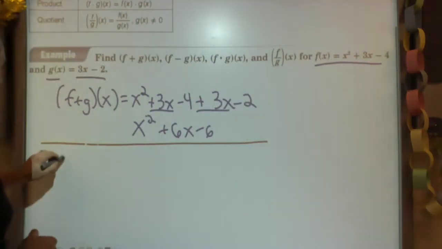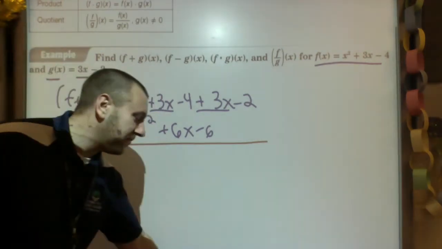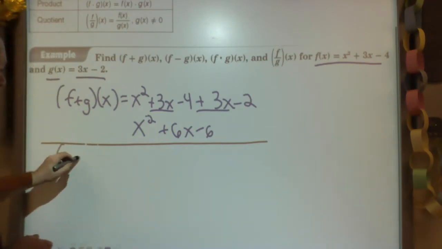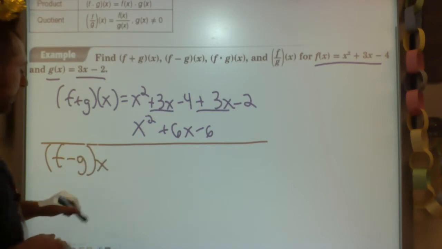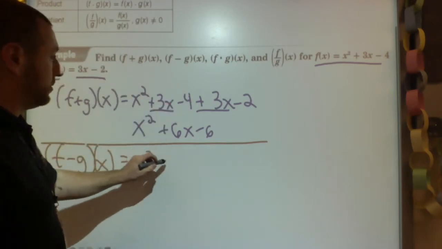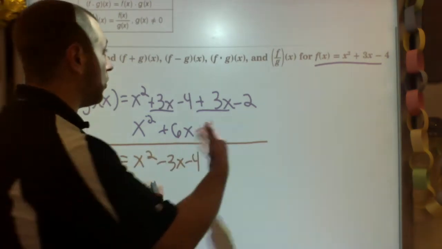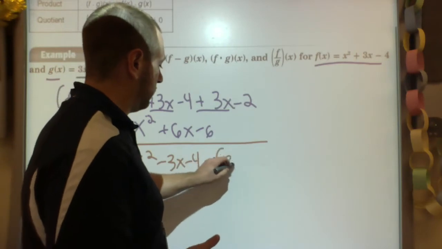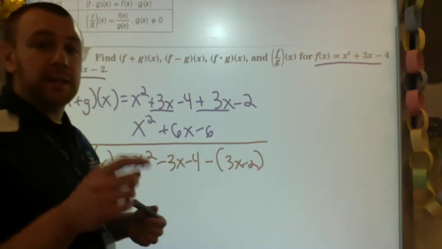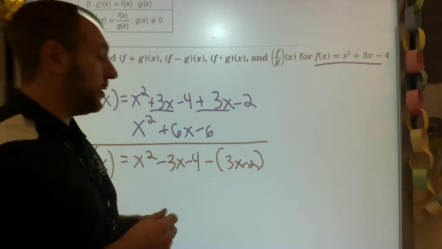So for f minus g of x, I start with the f function. But then I subtract the whole g function. Now this is key, especially with that combining like terms of that polynomial operation.